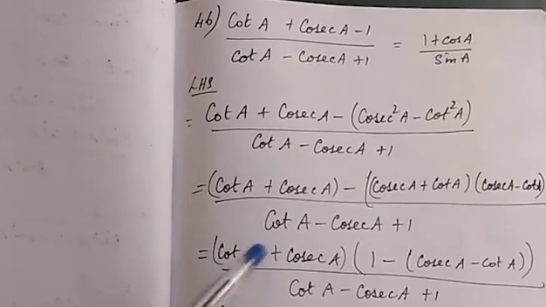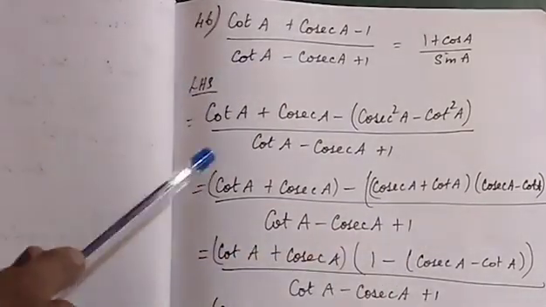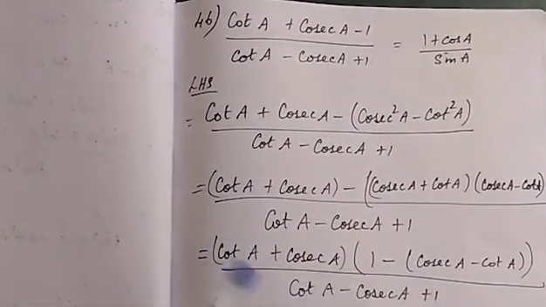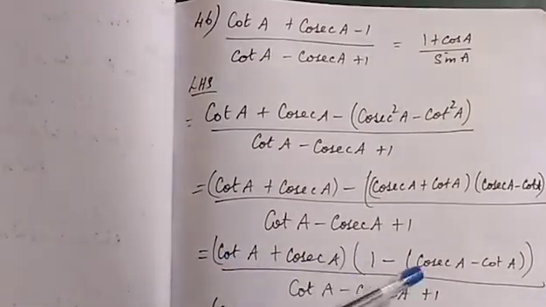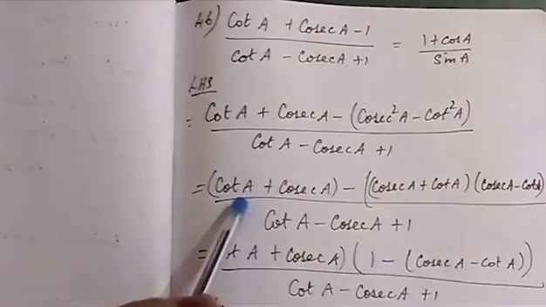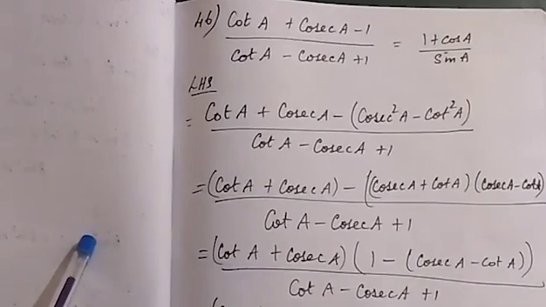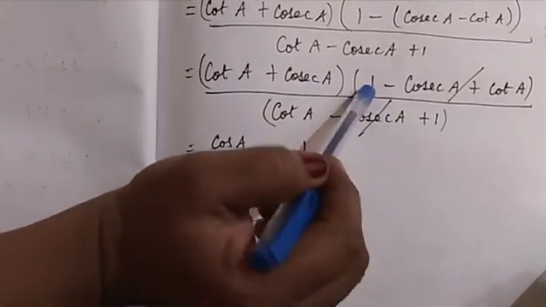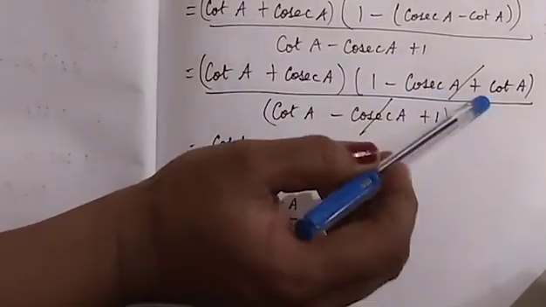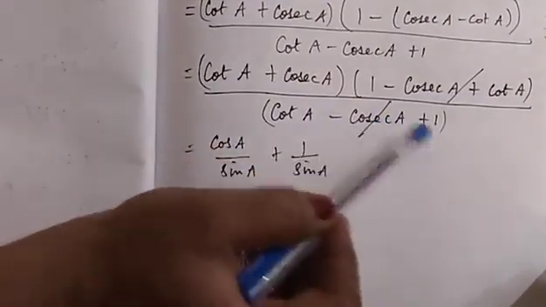Now see, cot A plus cosecant A, and here also cosecant A plus cot A. It is common, so take it out. Cot A plus cosecant A, common we have taken out. Inside the bracket 1 minus cosecant A minus cot A. Now multiply cot A plus cosecant A into 1 minus cosecant A plus cot A upon cot A minus cosecant A plus 1.